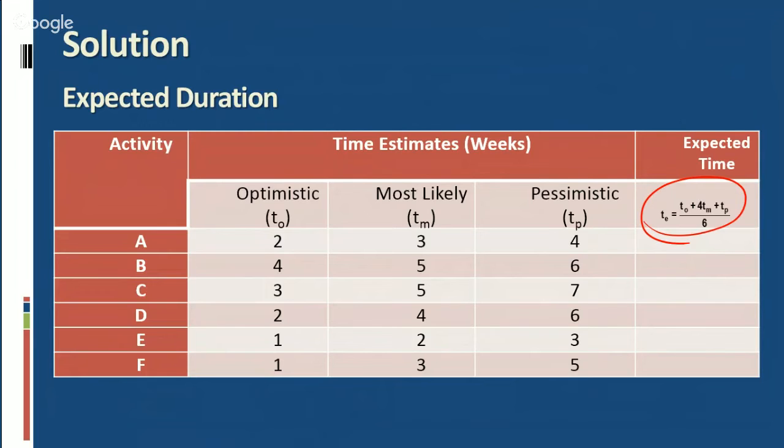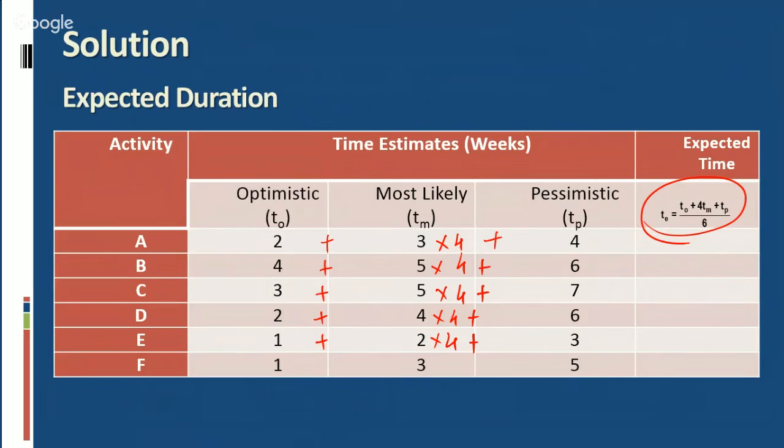For activity A, this will be 2. This is how we calculate the estimated time duration.